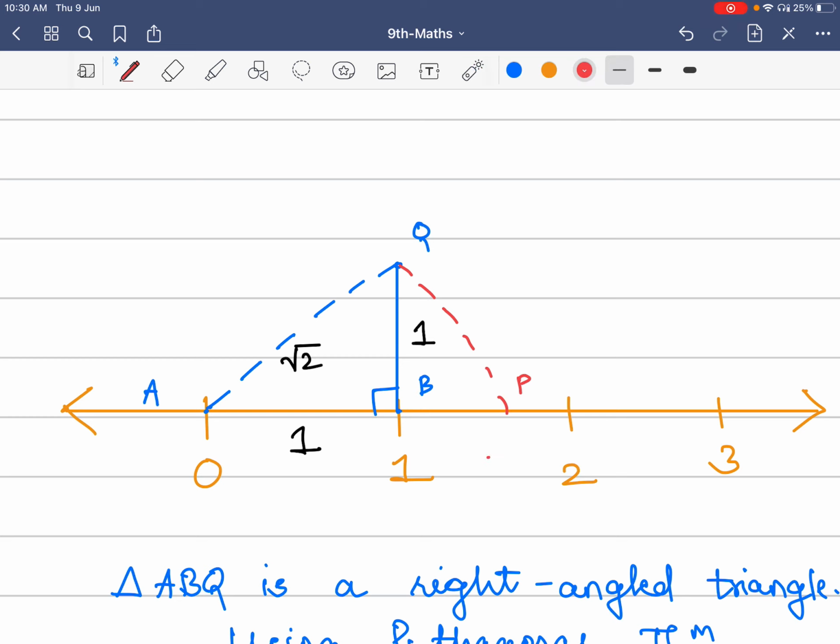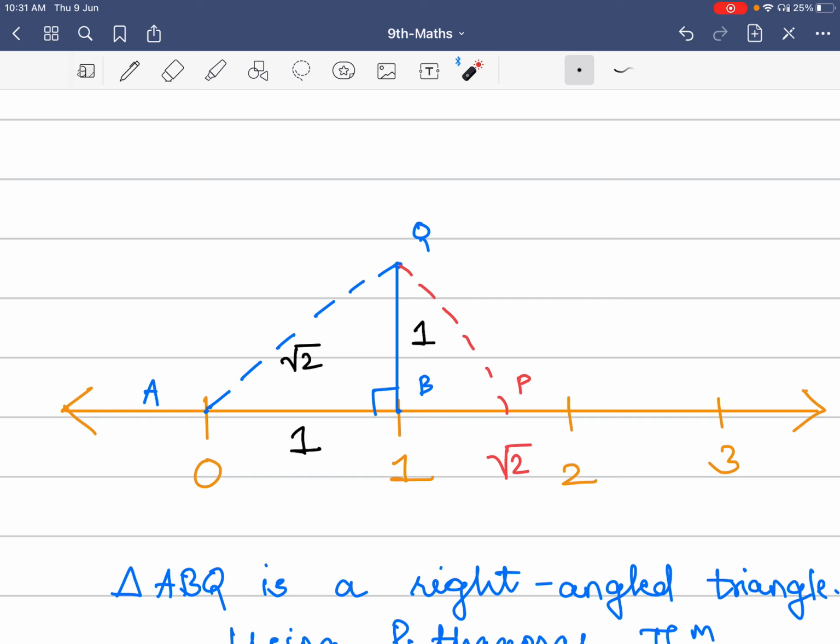Let's mark it. This is my root 2. This point on my number line is 0, this is 1, this is 2, this is 3, and this point is under root of 2. This is how we locate root 2 on the number line.